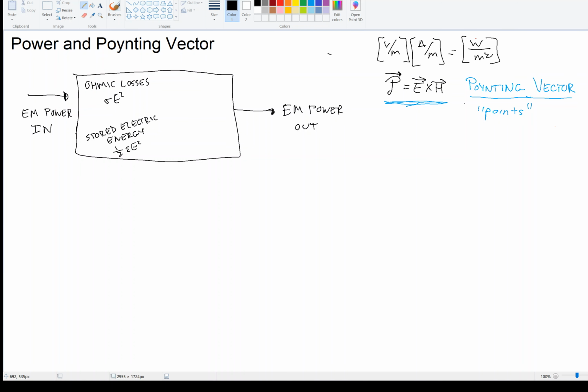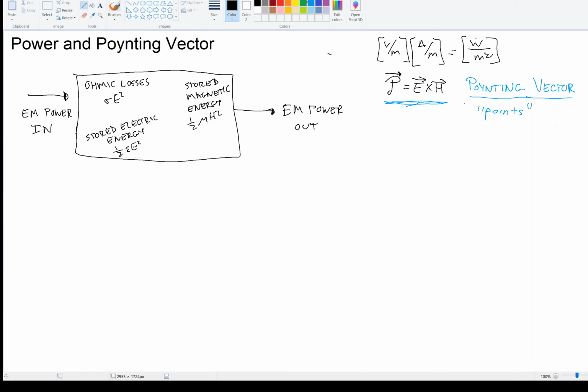And we have stored magnetic energy, that was the 1/2 mu H squared term. And then we have possibly power out.